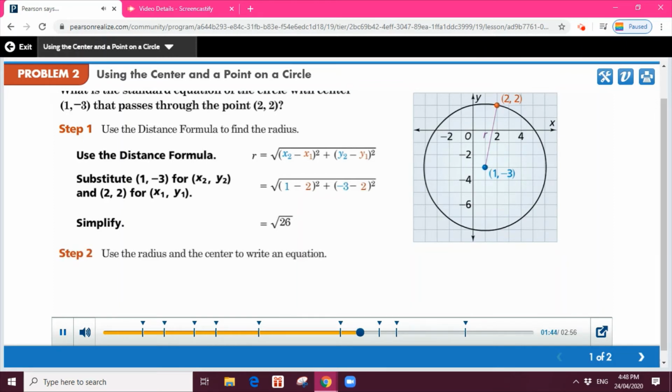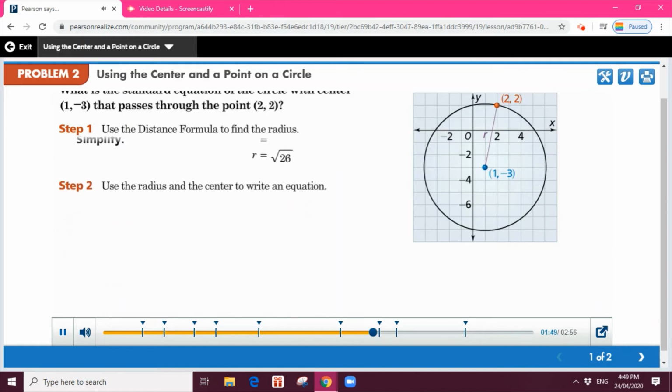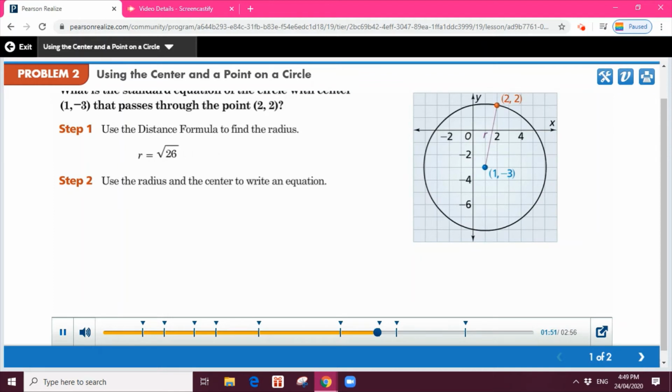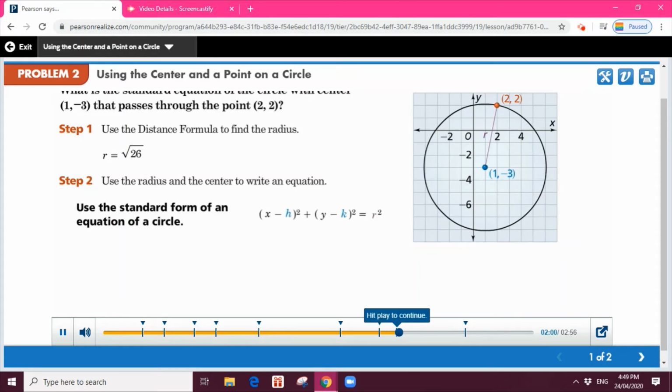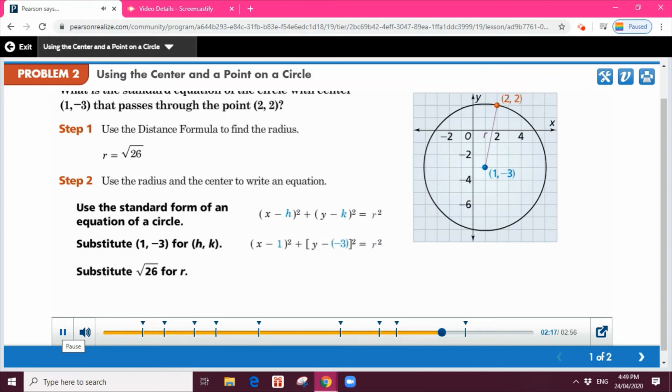Step 2. Use the radius and the center to write an equation. Use the standard form of an equation of a circle. Substitute the coordinates of the center. Then substitute the square root of 26 for r.